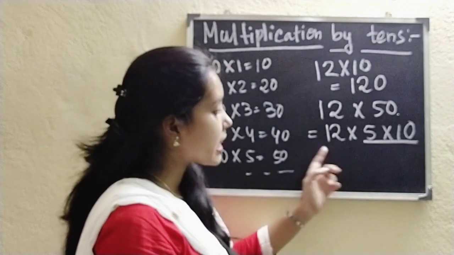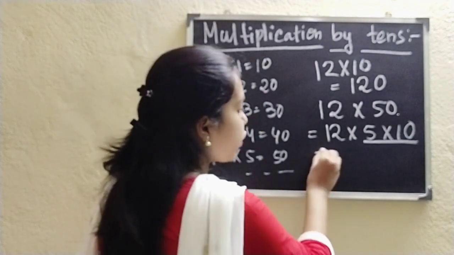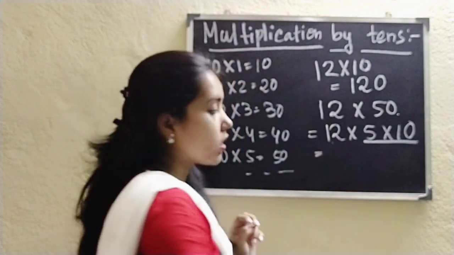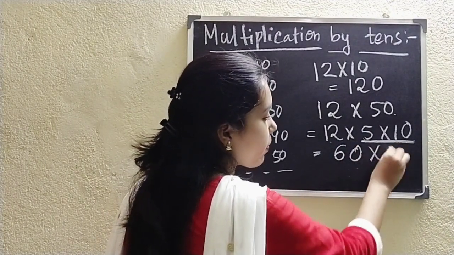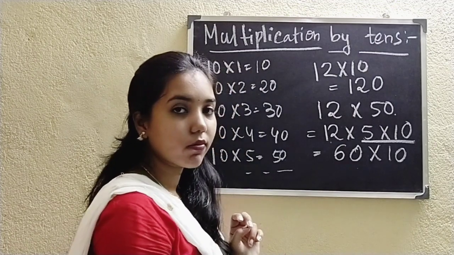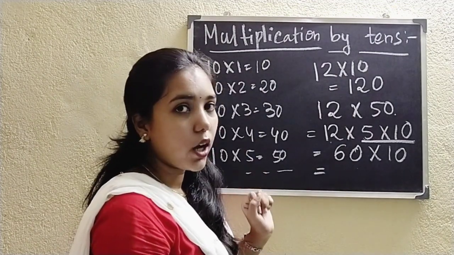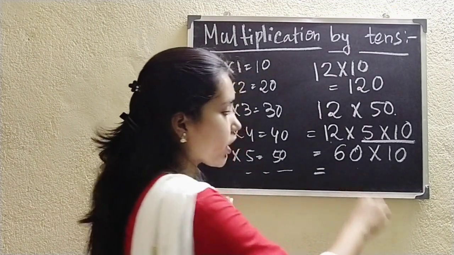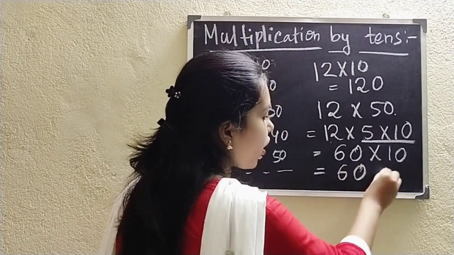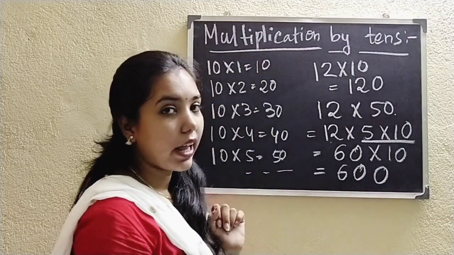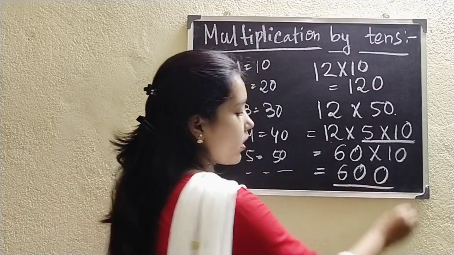Now, to do it easily, we will multiply 12 by 5 at first. That is, 12 fives are 60. And then multiply it by 10. Now, we can find the product of 60 and 10 by putting a 0 on the right side of 60. So, our answer is 600.